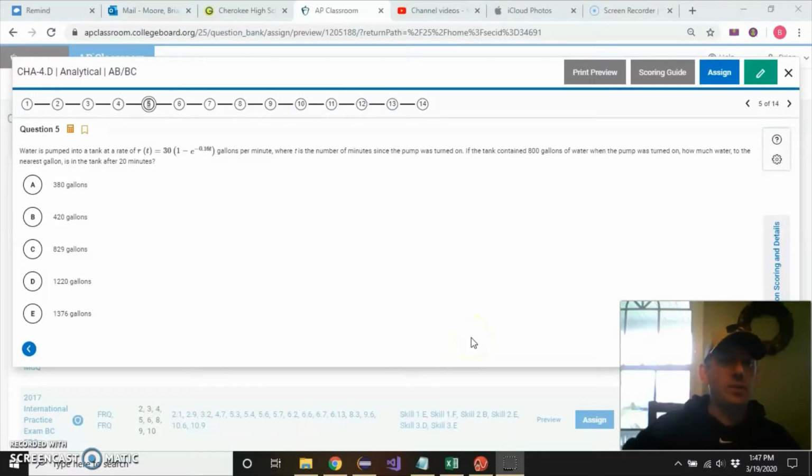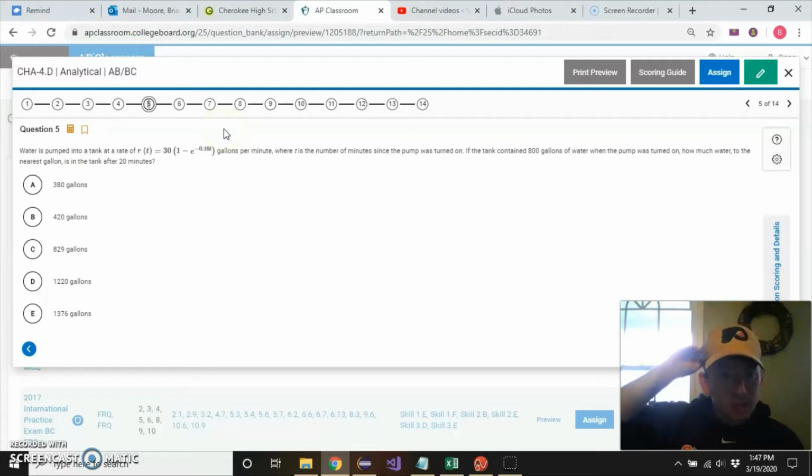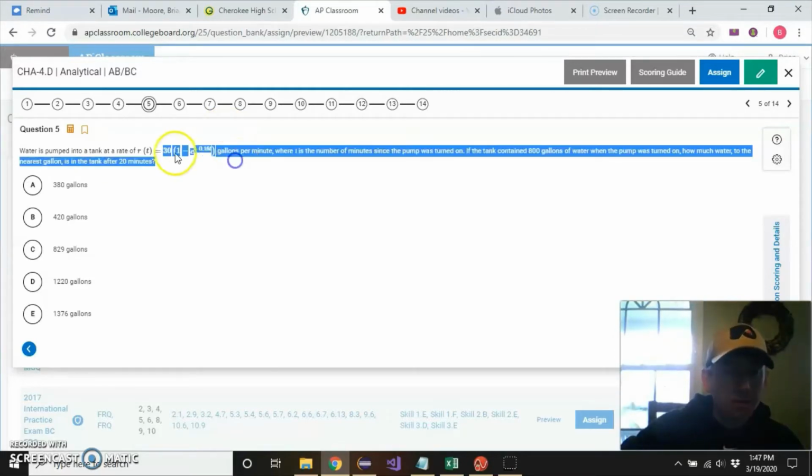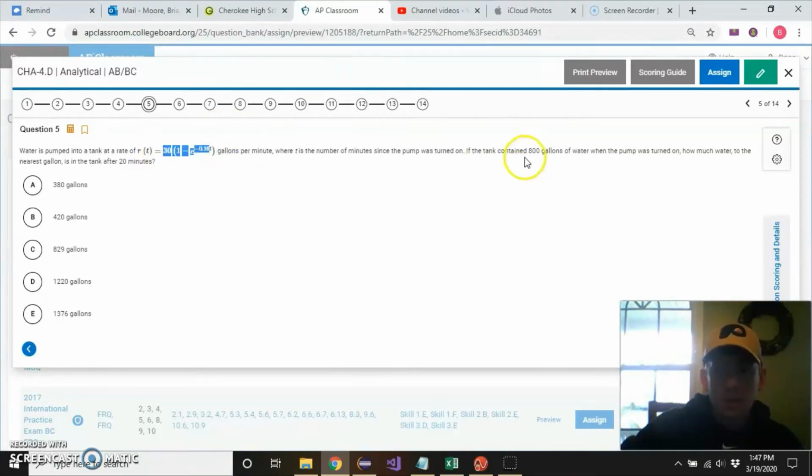All right, let's talk about number 5. We have water getting pumped into a tank at this crazy rate in gallons per minute. And we had 800 gallons in that tank at the very beginning.